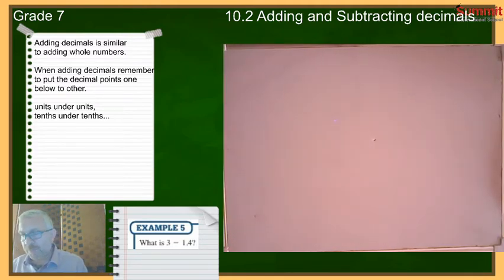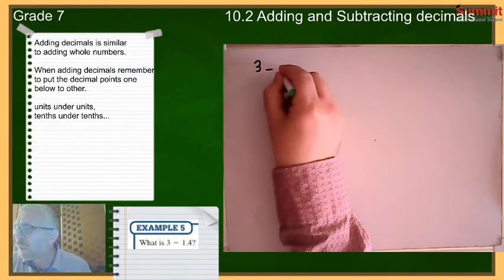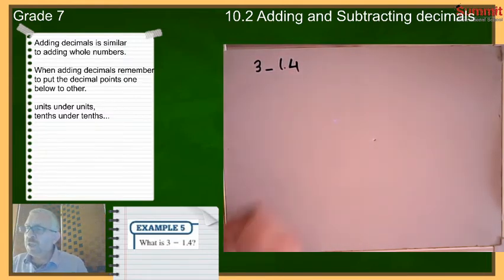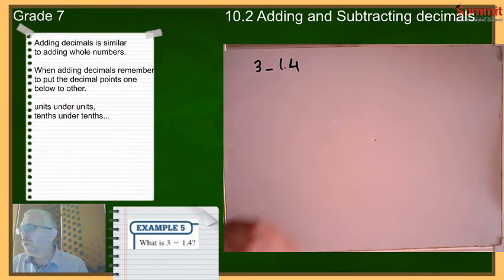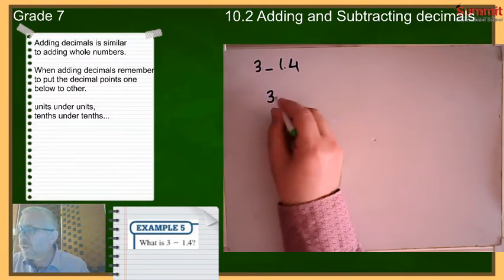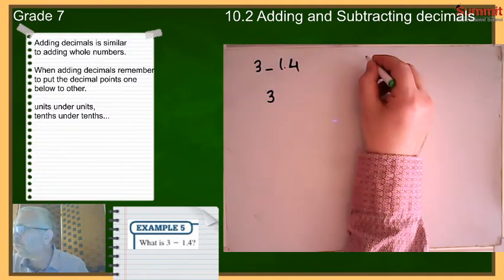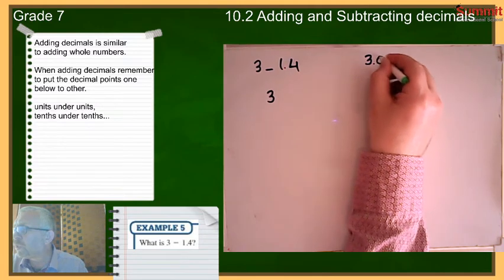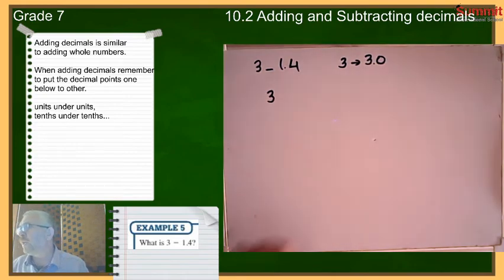Here we have 3 minus 1.4. As you see we have 3 whole minus 1.4. 3 whole, there is no decimal part. Instead of 3 whole, I can write 3.0. 3 whole, I can write an equivalent 3.0.